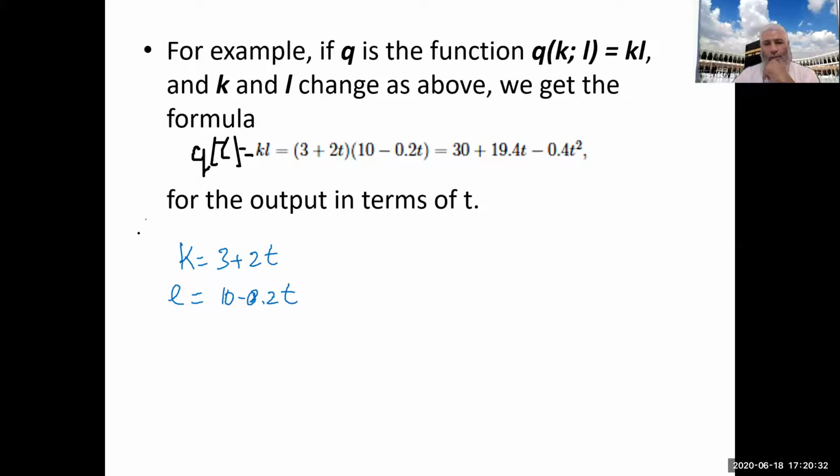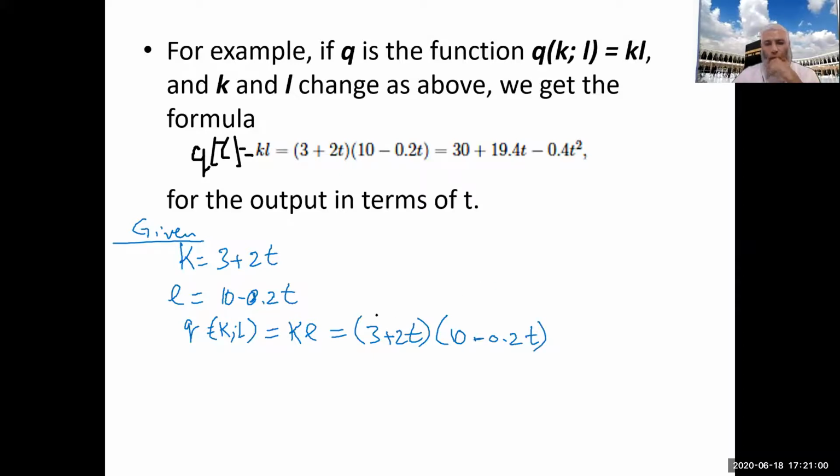This is given before. And Q in K and L is KL. So this is K, which is 3 plus 2t, multiplied by L, which is 10 minus 0.2t.